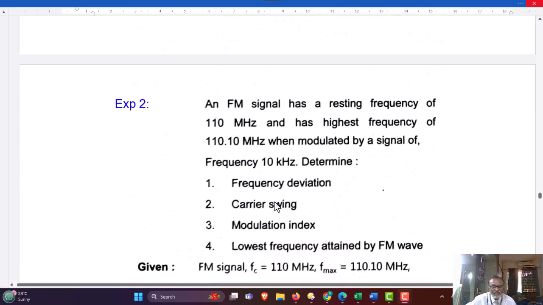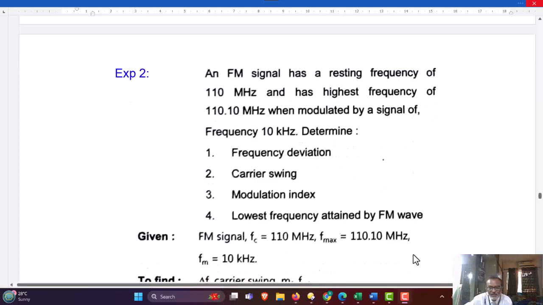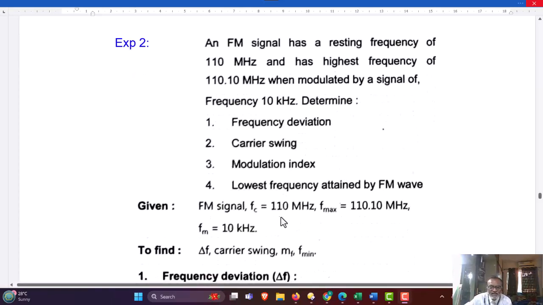Example 2 is just a repetition with different values. They are asking you the frequency deviation, carrier swing, modulation index, and lowest frequency attained by the FM wave. Here what is given? Fc is 110 megahertz. F max, that is the modulated signal's maximum frequency, is 110.1 megahertz and the frequency of the modulating signal is 10 kilohertz.